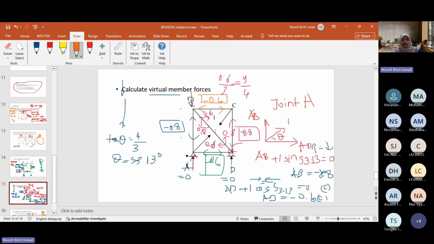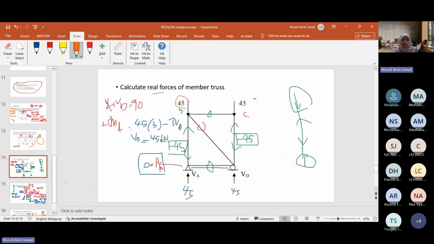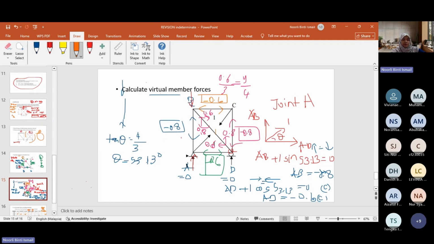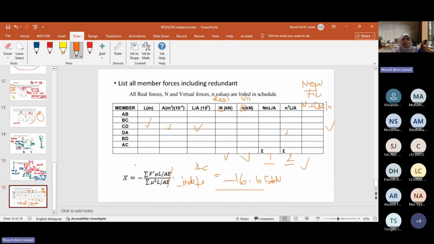For virtual, if you see here, there is no 45 anymore, in the virtual they removed it. The original loading you remove for virtual member forces. Don't go and put the 45 there. So for virtual, all the original loads you remove and then start again, find the member forces. Then do it in the table. You get this. Understand? This one is for indeterminate. Any questions so far?